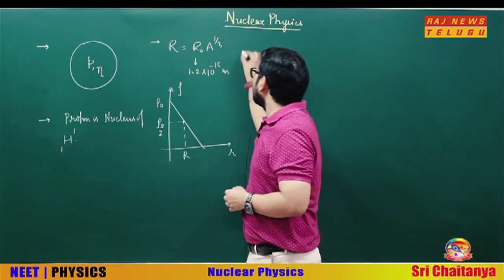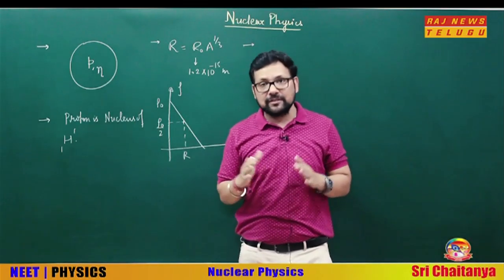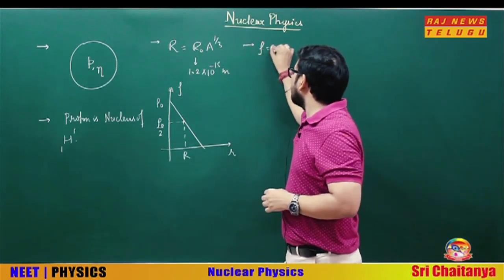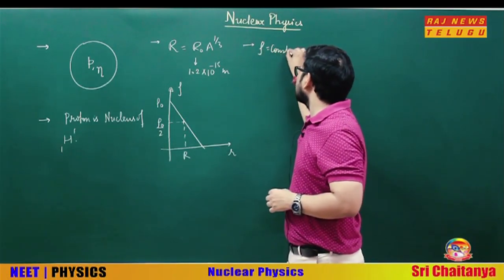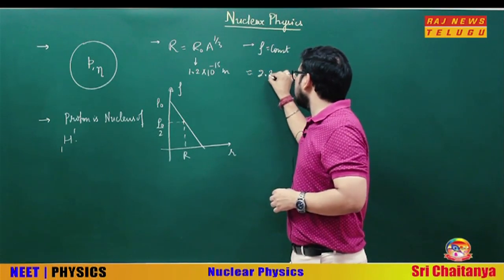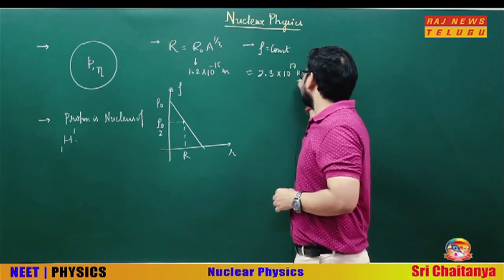Then we also discussed that nuclear density is constant for almost all nuclei. Density of a nucleus is constant for almost all the nuclei, and this is of the order of 2.3 into 10 raised to power 17 kg per meter cube.